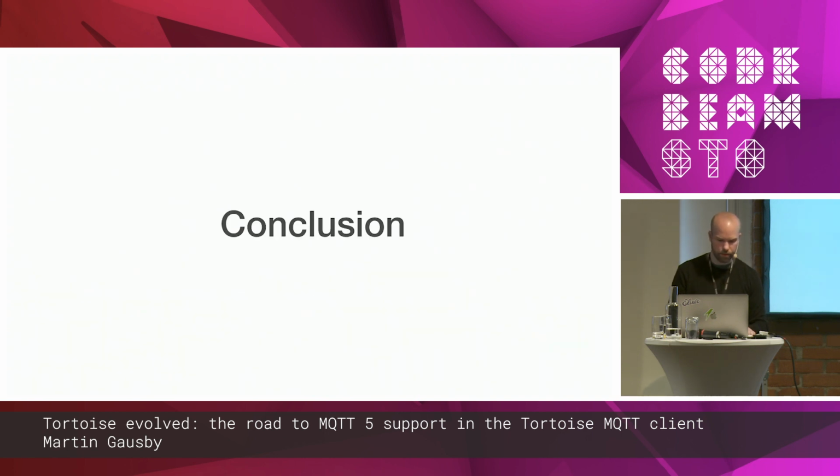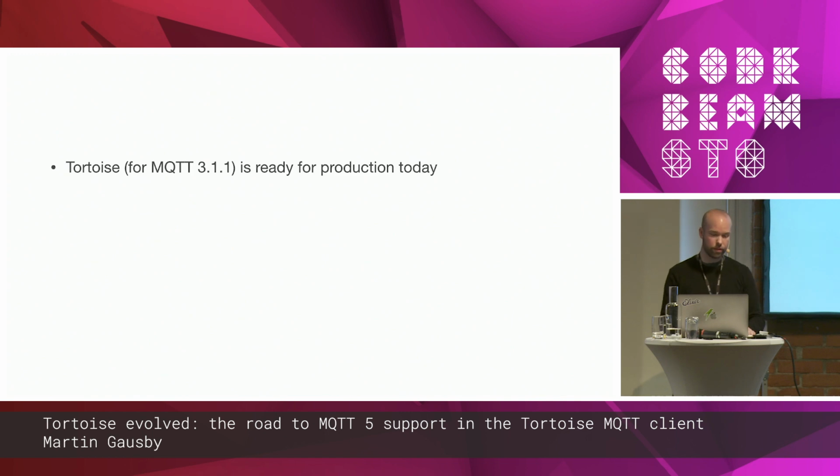But yeah, so the conclusion is Tortoise for MQTT 3.1.1 is ready today, and I haven't put the 1.0 version on it now, but there's people who are using Tortoise in production now, and I know at least two American companies making Nerves devices using Tortoise.